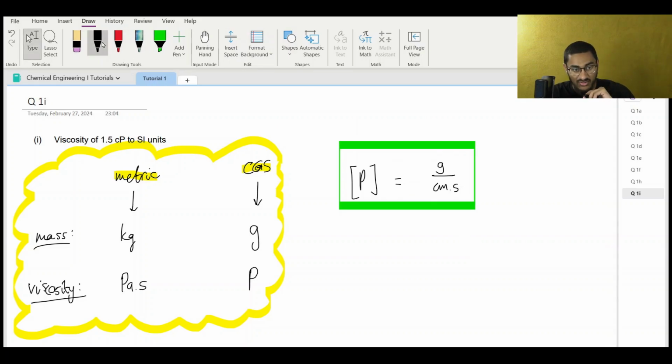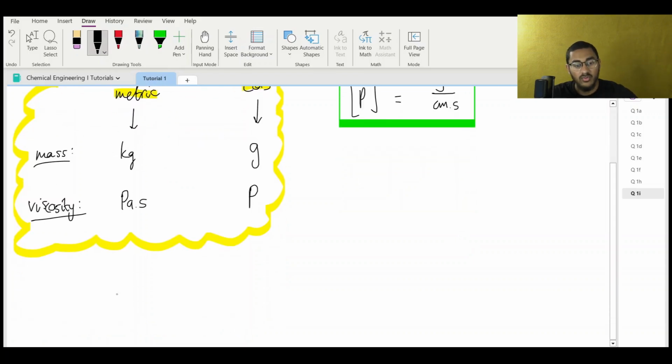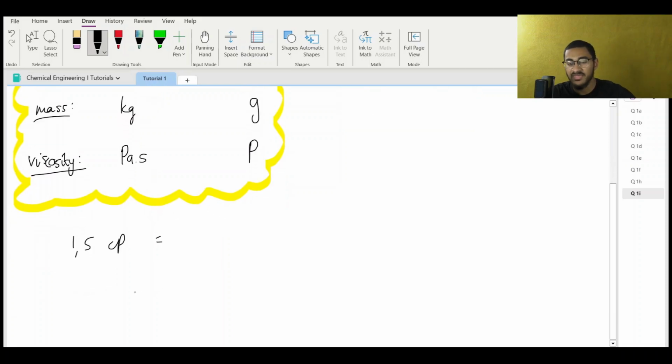Now we can begin with the question. So they say to you convert 1.5 cp to SI units. Now this is just personal preference. I cannot operate with prefixes. My brain just doesn't compute that way. So 1.5 cp I'm going to change to, you remember C is for centi, so that centi is times 10 to the minus 2 and then poise.